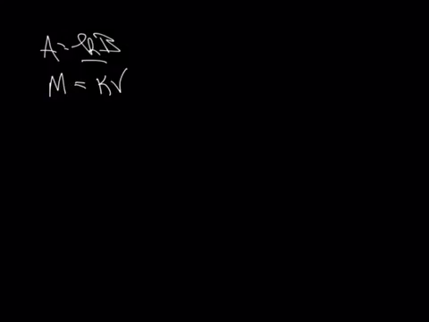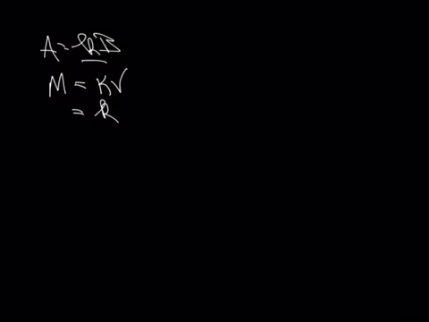Now again, we're trying to find K first. So then they give you the next part of the problem in order for you to find K. If the mass of 2 liters of the substance is 10 kilograms, oops, sorry, made a mistake here. Let's read this again.